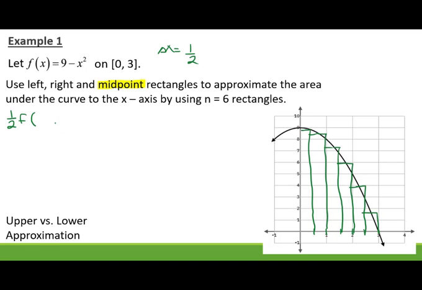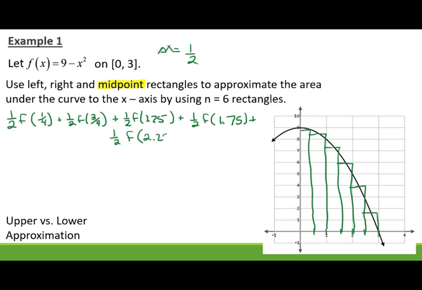1/2 f of 3/4. And I continue on, 1/2 f of 1.25 plus, I'm going to write this actually as 1/2 f of 1.75 plus 1/2 f of 2.25 plus 1/2 f of 2.75.